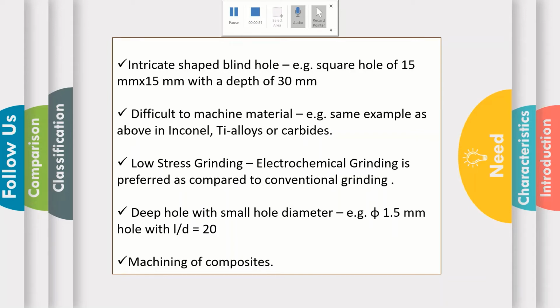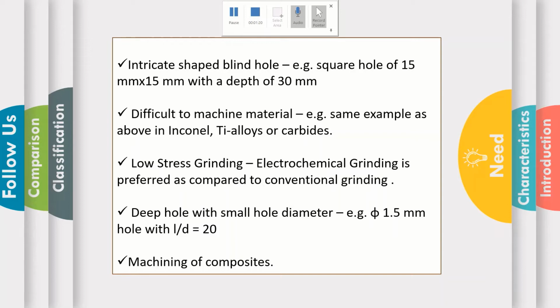Second, if you want to machine a difficult material, then we can use NTM processes. Here, if you want to machine Inconel material or carbide material, then we can go for the non-traditional processes. Again, for low stress grinding, we can use non-traditional processes.